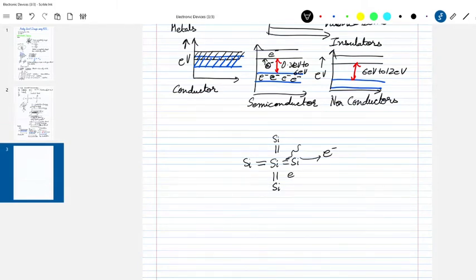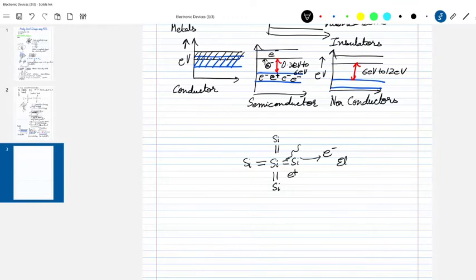I would call that a hole. The hole is positively charged, with the same magnitude of charge as an electron, but it is a fictitious quantity, not a particle. When an electron jumps, it leaves behind a hole. So electrons and holes are generated in pairs.